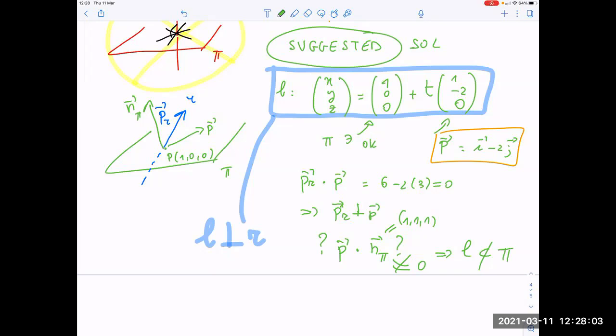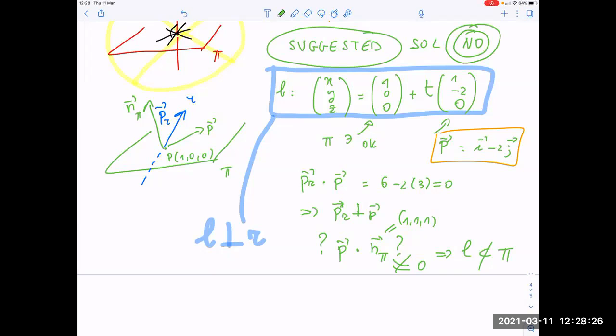So the line is not inside pi because the direction vector of the line is not orthogonal to the normal vector of the plane. So this suggested solution does not work, okay? But at least it points out what we should do to make it work.